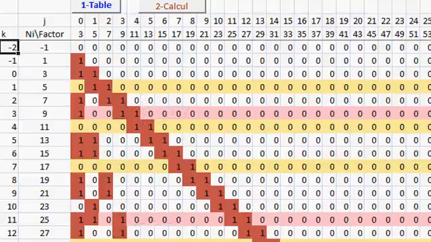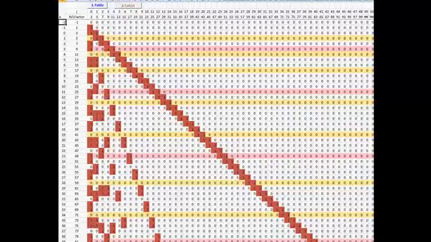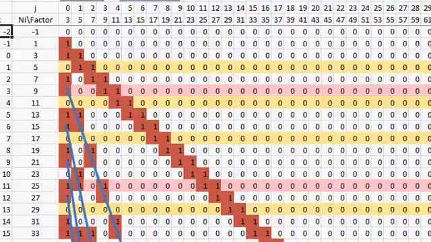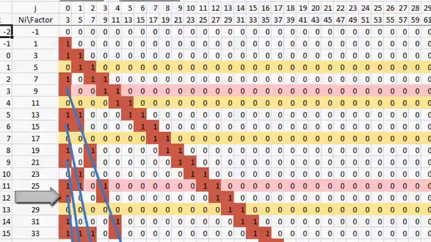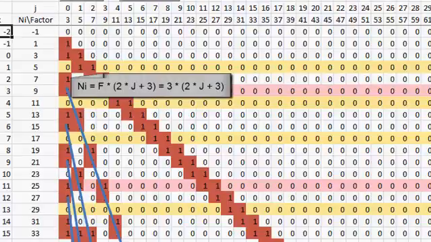Within these factors, a structure of numbers appears. An infinity of linear functions defining odd numbers as a function of the j parameter appears. Each of these linear functions begins with the multiple value of the factor 3. The first linear function studied is obtained with the odd number ni equal to 3 times 2 times j plus 3.